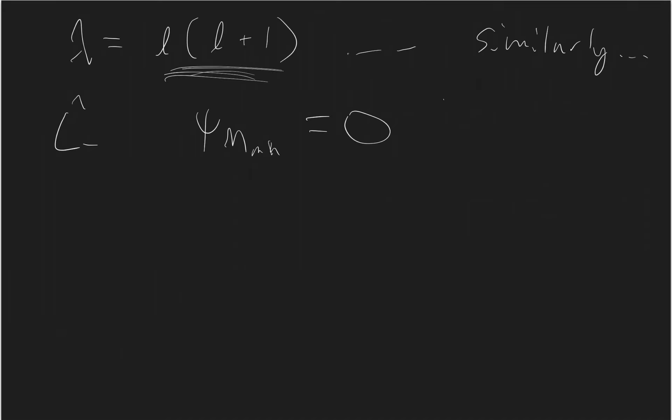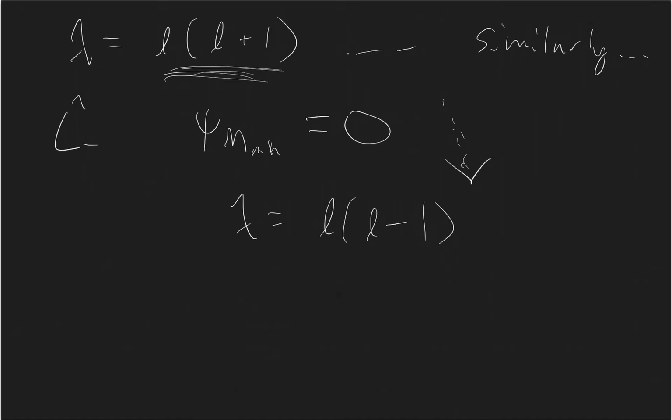I'm not going to go through all of it. You can go through the steps again and see if you can do it for yourself. But you should get a result instead of lambda is equal to L times L minus 1, okay? Because it's a lowering operator.